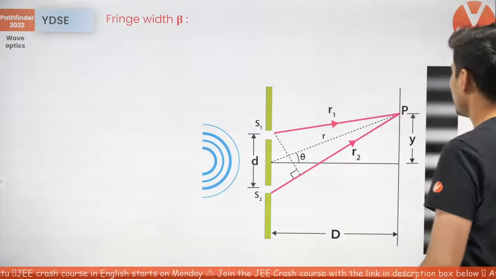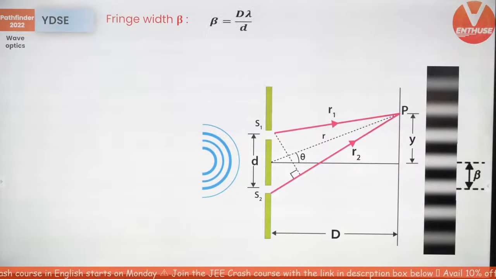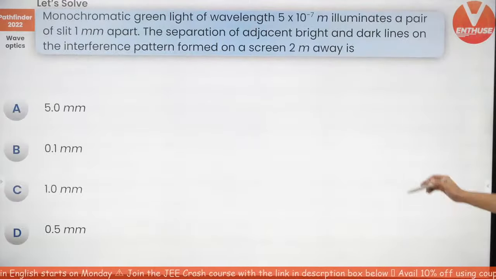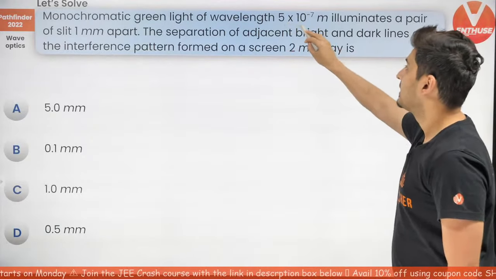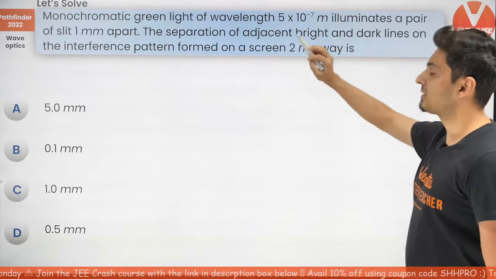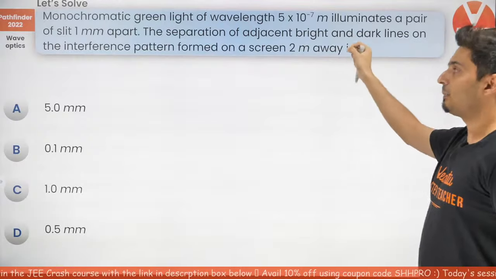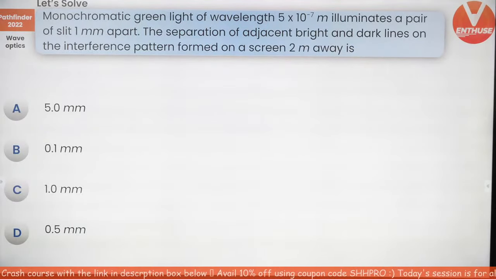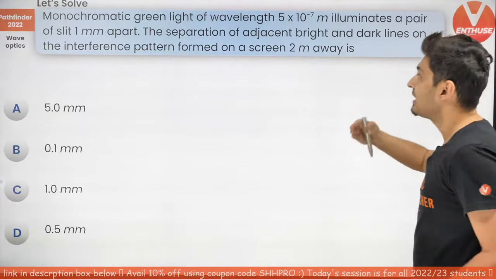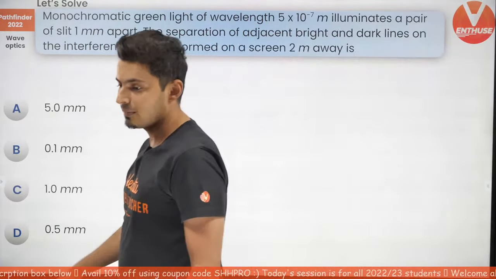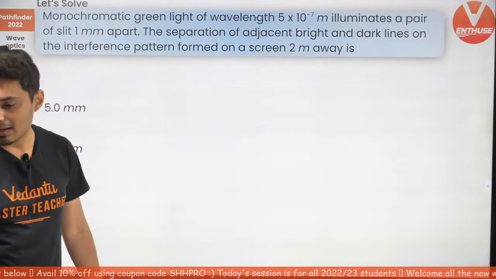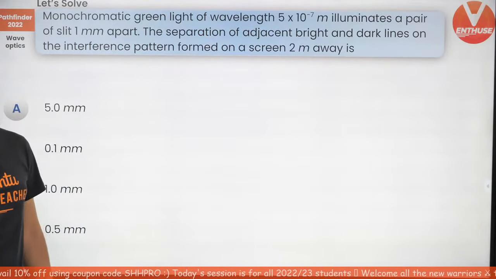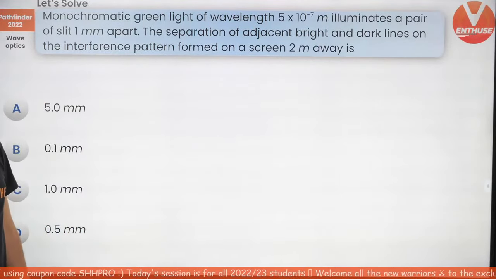All right. Here is the question coming up on your screen. The monochromatic green light of wavelength this much illuminates a pair of slits which is 1 millimeter apart. The separation of adjacent bright and dark lines on the pattern formed on the screen, which is 2 meters away, is given by. Yes, I'm coming to path difference which is introduced due to glass slab.